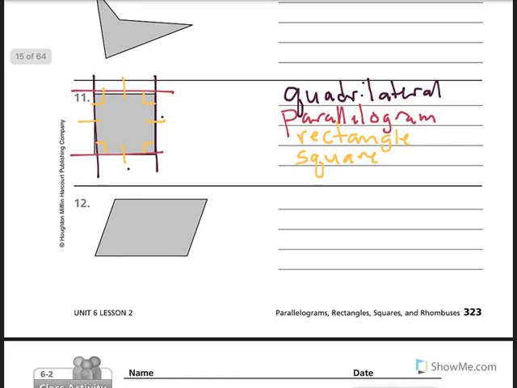Awesome. Okay. This one right here, count the sides. 1, 2, 3, 4. 4-sided shape is a quadrilateral. The sides, if they continued, would they touch these ones?